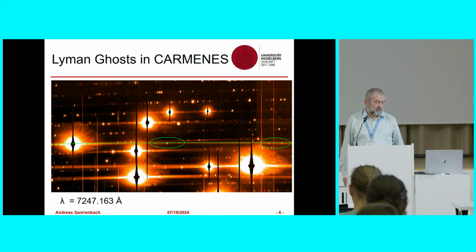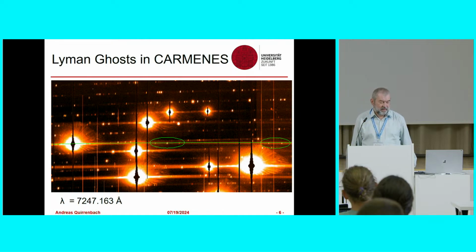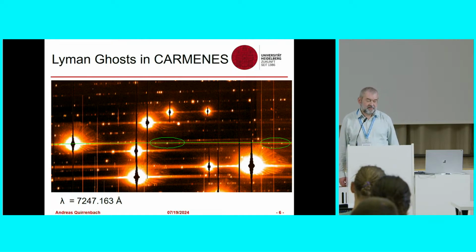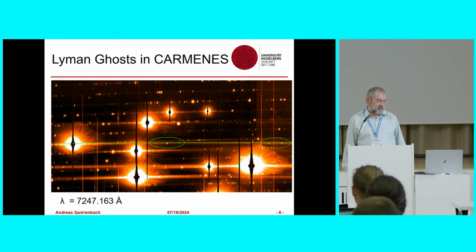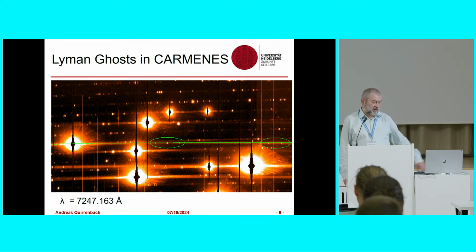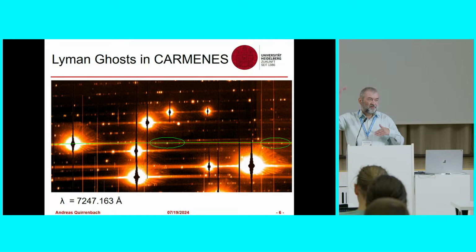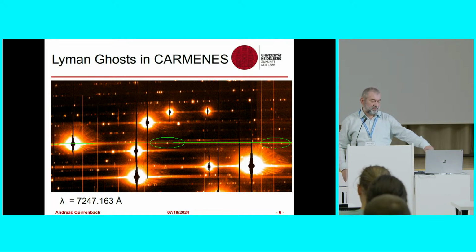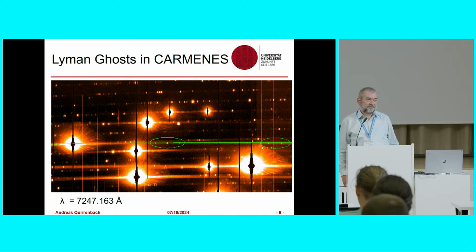So if you look at, say, a raw image, here are some of these ghosts in Carmenes that are encircled here in green. And if you look very carefully, they all are on a completely horizontal line. Whereas all the other lines in the spectrum have a slight slope, because they have a different wavelength, so the cross disperser moves them up by different amounts, so each order has a slight slope, but these ghosts are completely horizontal.